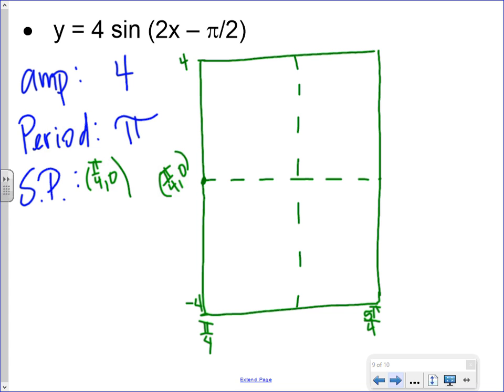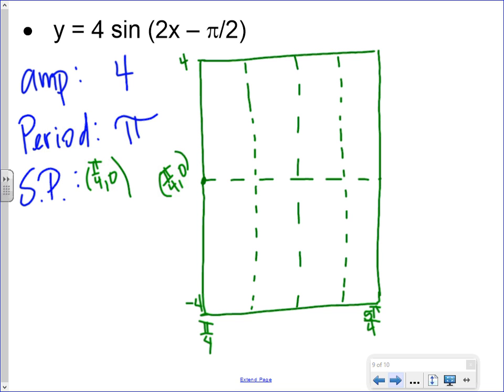Okay. I'm going to do that second method just to demonstrate in case you would like to see it. If we cut our period into fourths, what would that be? We take pi and cut it into fourths. We would have pi over 4. So the alternative method for labeling this frame that is split up into fourths is we could just add pi over 4 times.